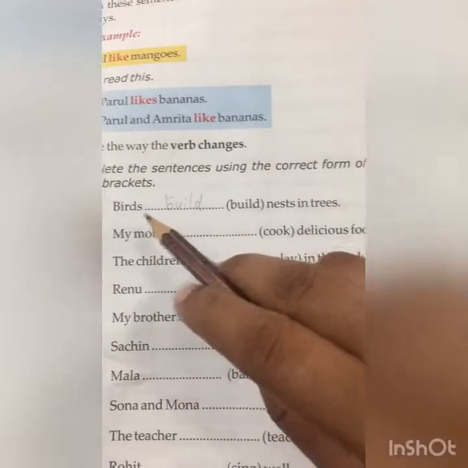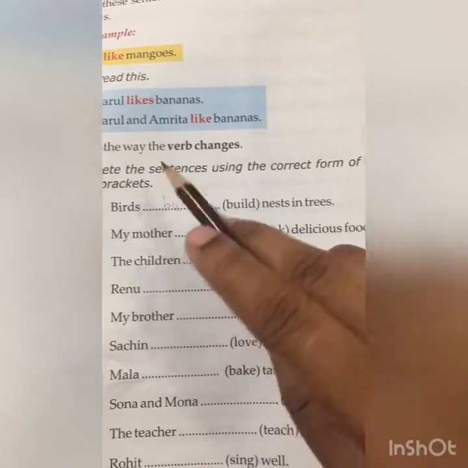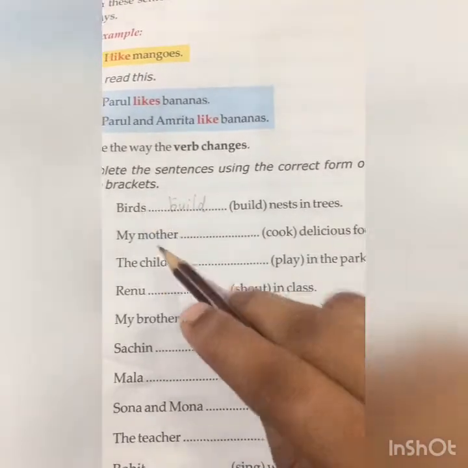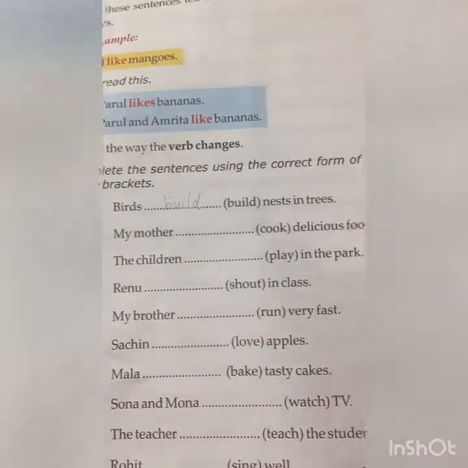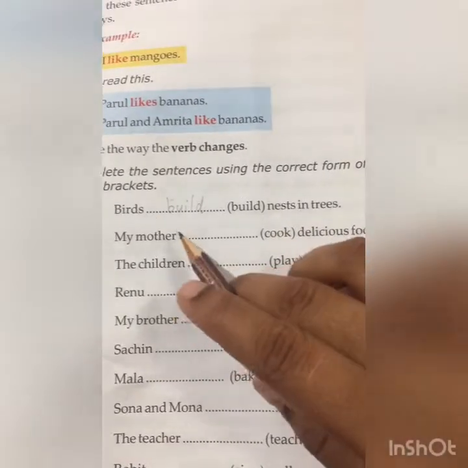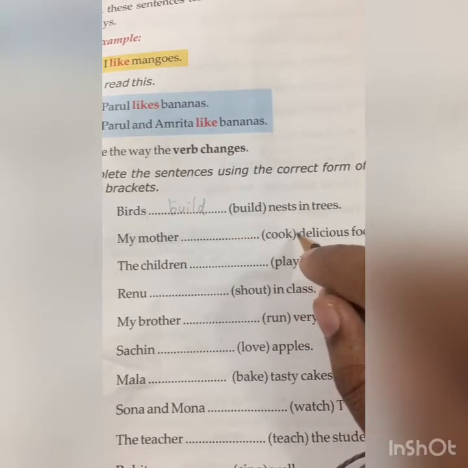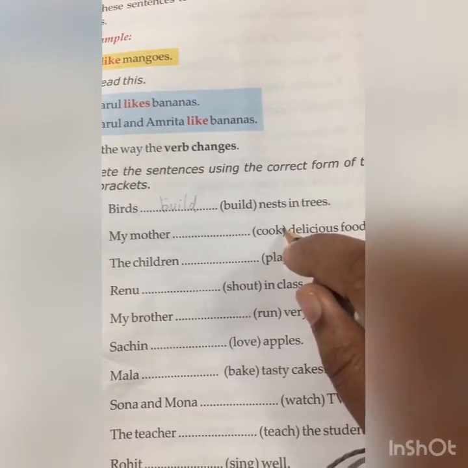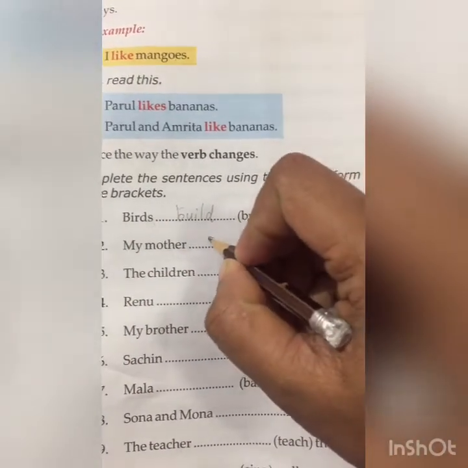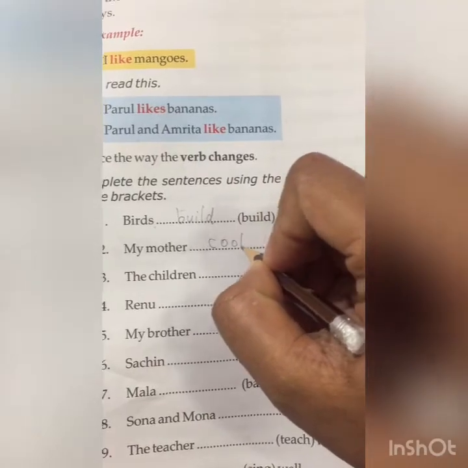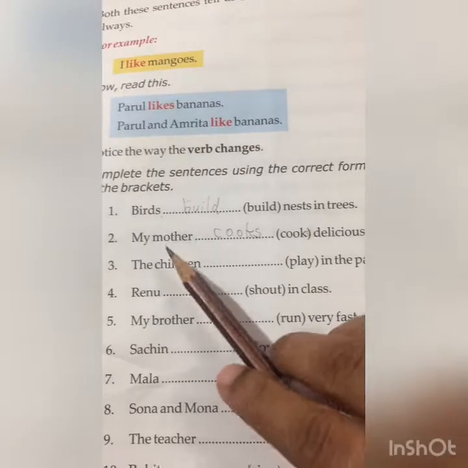Earlier, birds was plural, more than one bird. When we use a singular verb, you have to add an S after the verb. So, my mother cooks delicious food. Okay, see the next one.